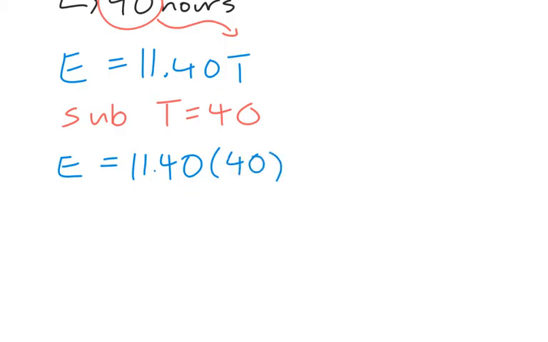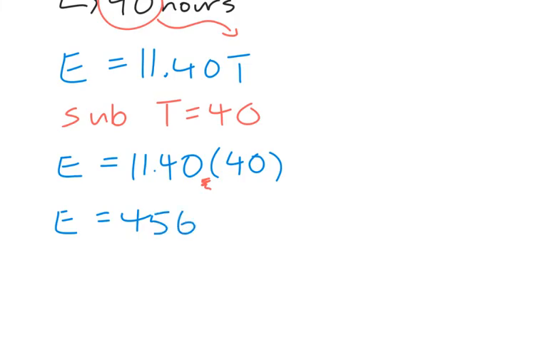Now, you should know by now that there's actually a multiplication sign in between 1140 and 40. You can go ahead and use a calculator to calculate that. So 1140 times 40 is equal to 456. So I'm going to write E is equal to 456.